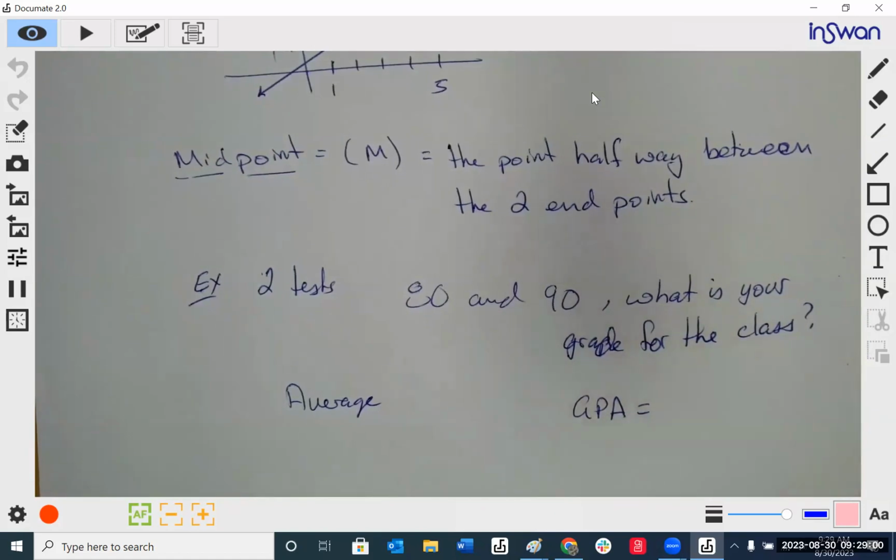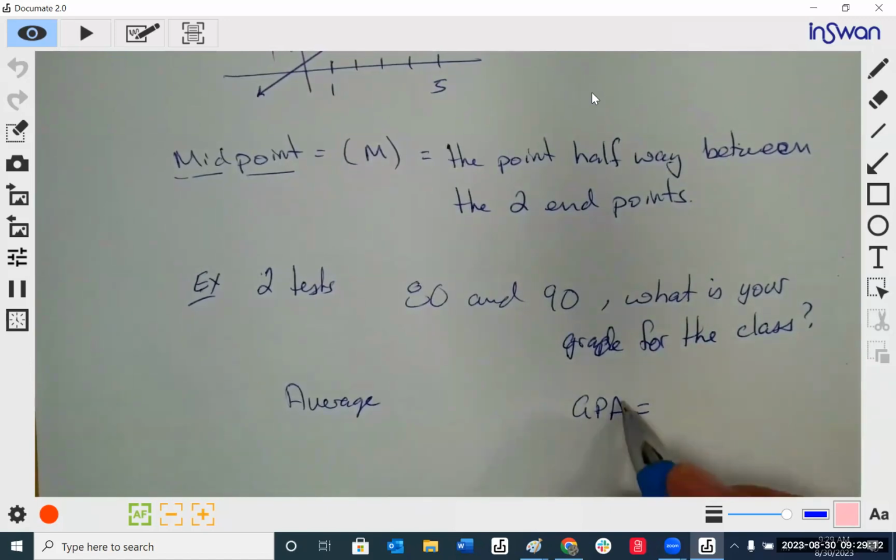What is GPA? Grade point average. The grade point average is what your grade is in college after all the courses you take. It's an average of all the classes you've taken and the grades you made in those classes. Your GPA is what employers look at to see whether they want to hire you or not.